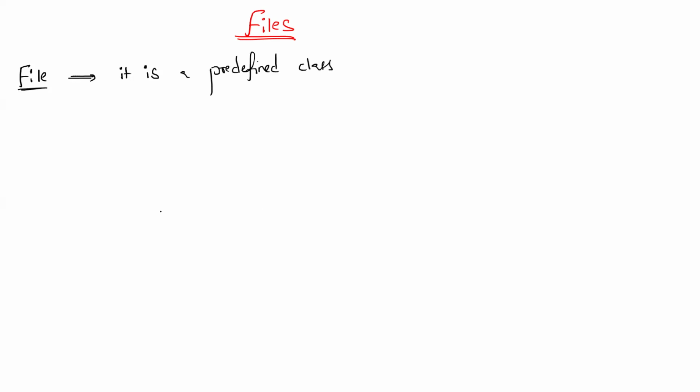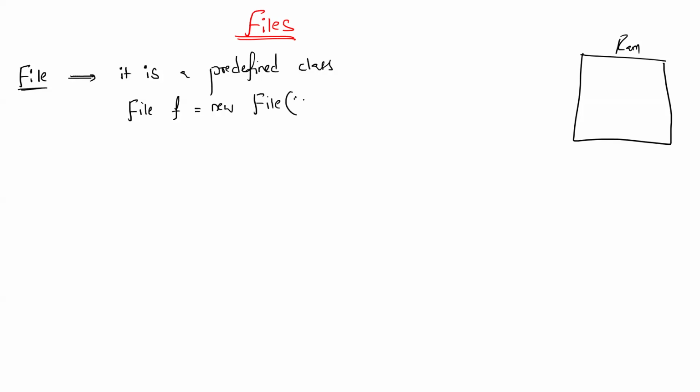Then what is the purpose of this File class? Whenever we create a file object in memory, say File, then a variable name, equals new File, followed by the path of the file in double quotes, in string format.